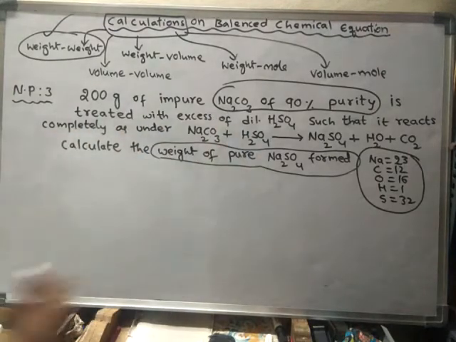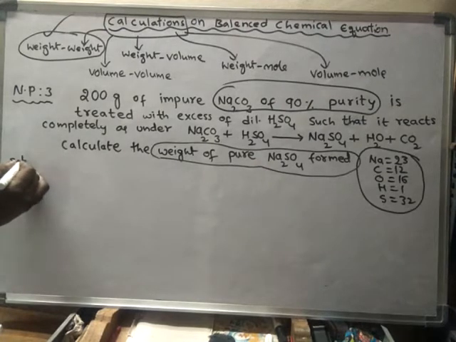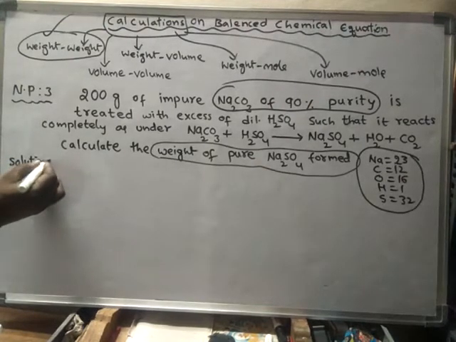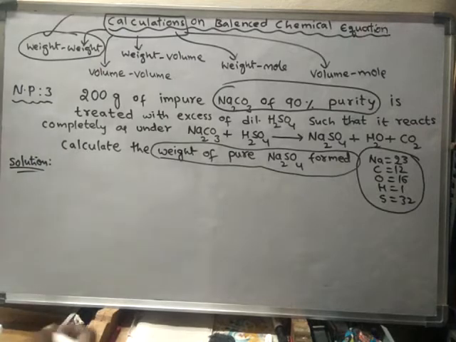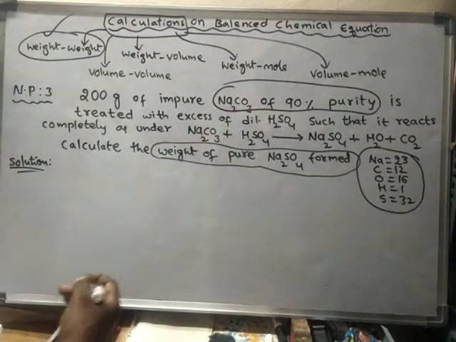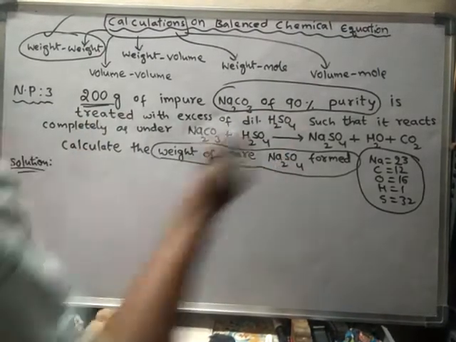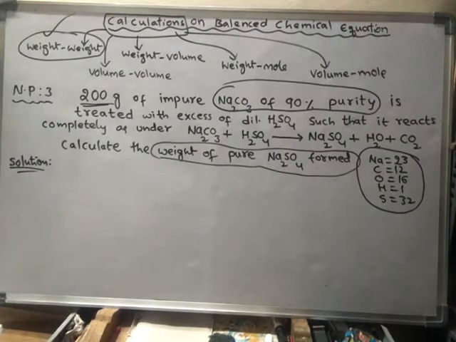So how to solve this problem? First of all, we have to know how much pure sodium carbonate is present. Here 200 grams of impure sodium carbonate is present.